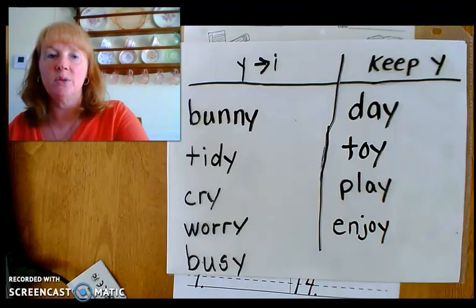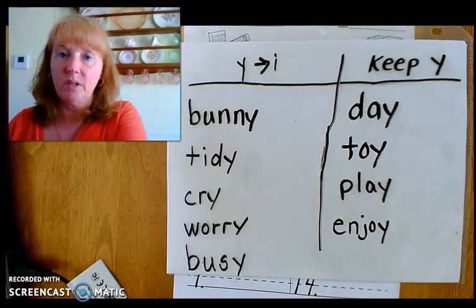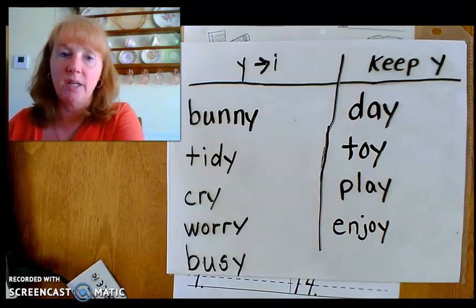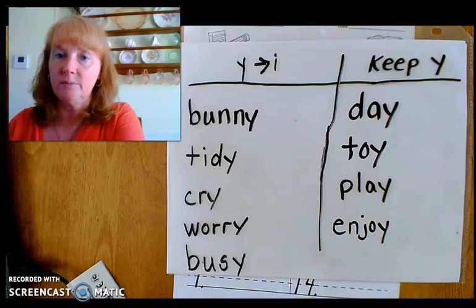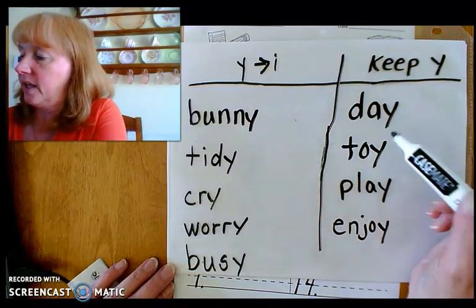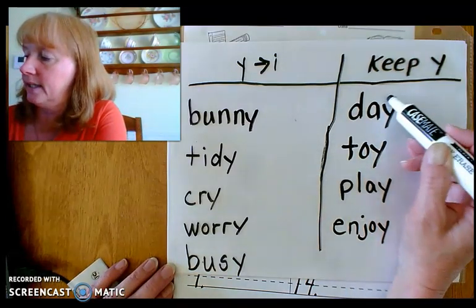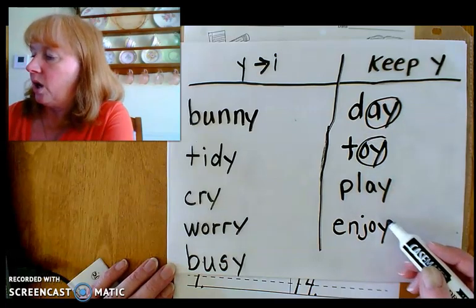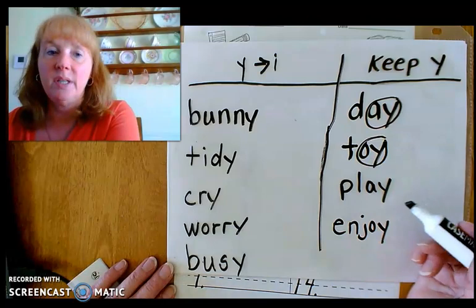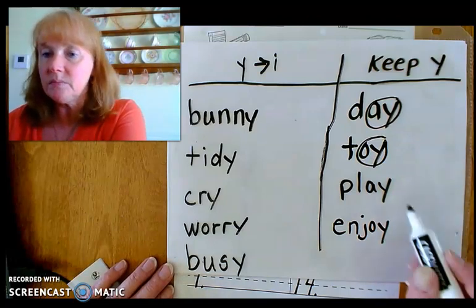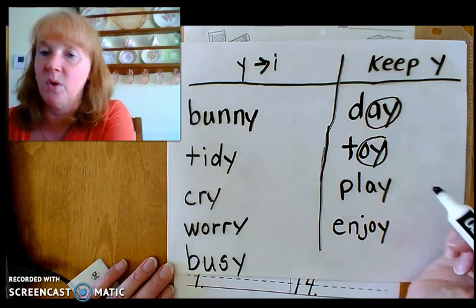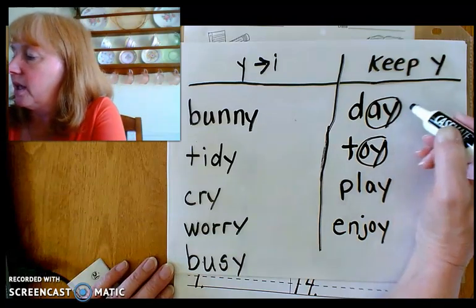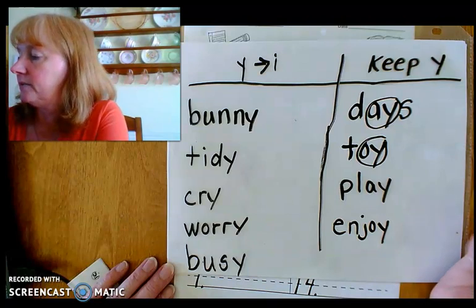Okay, let's talk some more about our spelling rule. Changing Y to I, and when to change Y to I and when to keep the Y. Okay, so when we have a Y in a phonogram, AY, EY, OY, or UY, basically a vowel plus a Y, you're going to keep the Y. And then we can make words like days.